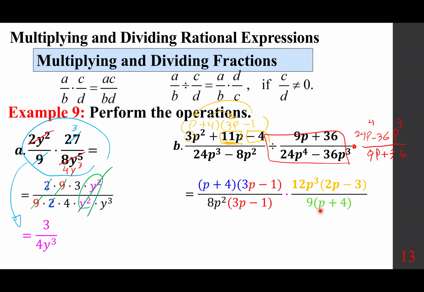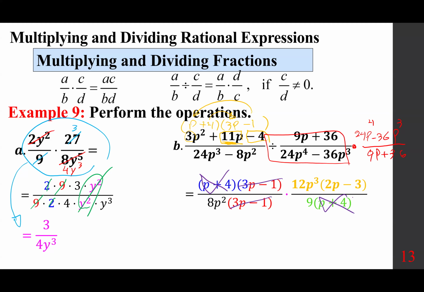And we are going to simplify. 3p minus 1 drops. p plus 4 drops.